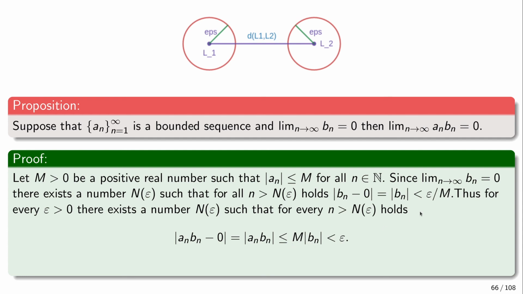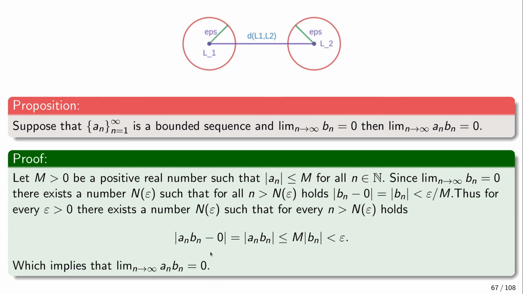And now b_n happens to be bounded, for every n greater than N of epsilon, by epsilon over M, and when we take this product, we see that the distance of a_n times b_n from 0 is smaller than epsilon. And so we have proven that for every epsilon there exists N of epsilon such that for every n greater than N of epsilon, the distance of a_n times b_n from 0 is smaller than epsilon, which means that the limit of the sequence is 0.